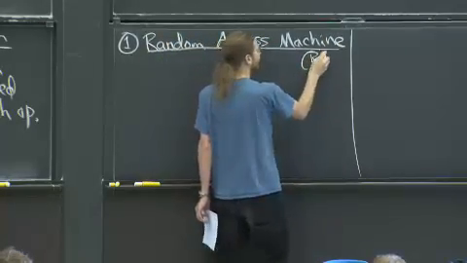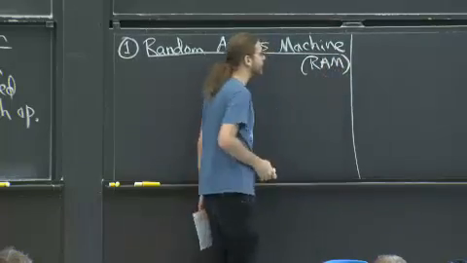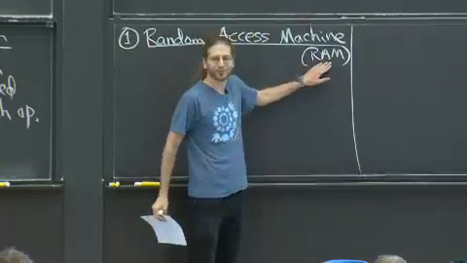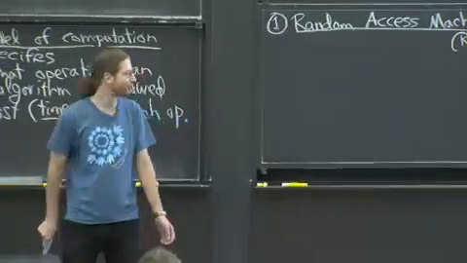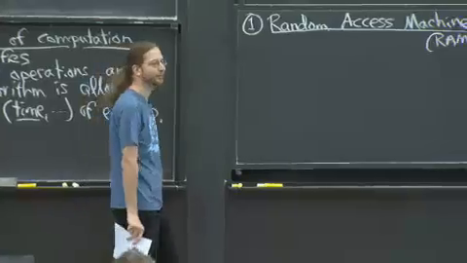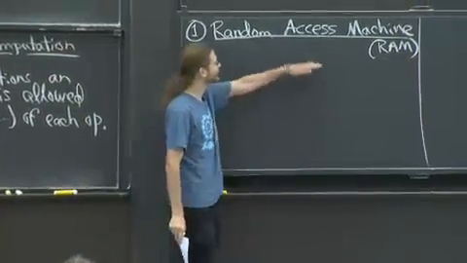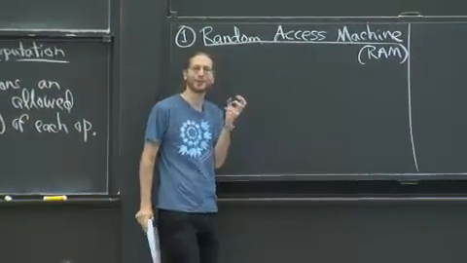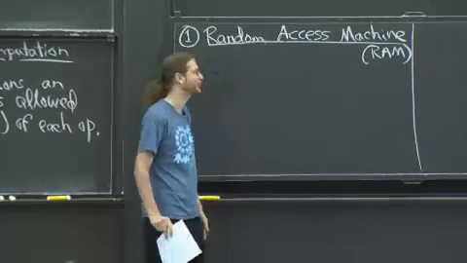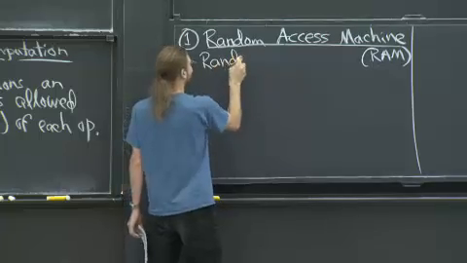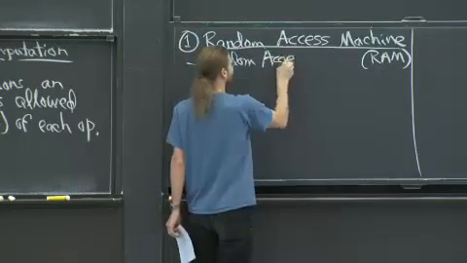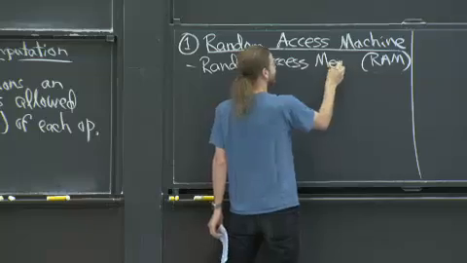Also known as the RAM. Can someone tell me what else RAM stands for? Yeah? Random access memory. So this is both confusing but also convenient because RAM simultaneously stands for two things, and they mean almost the same thing, but not quite. So I guess that's more confusing than useful, but there you go. So we have random access memory.